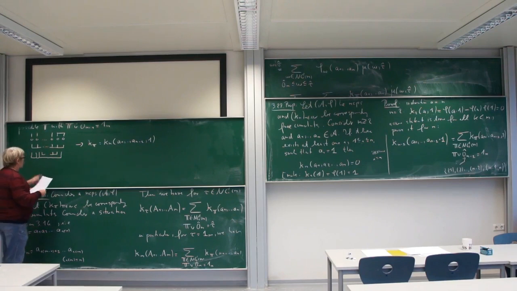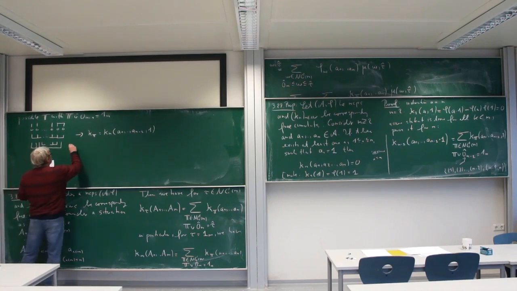Good. Okay, but this block here contains the 1, and those blocks here are smaller than n. For those, I already know that the cumulant which has a 1 as argument is 0. So this situation here can only happen if there are no other elements here. So I only have a block of size 1 here.